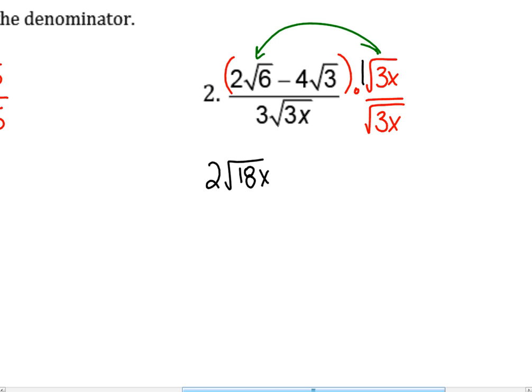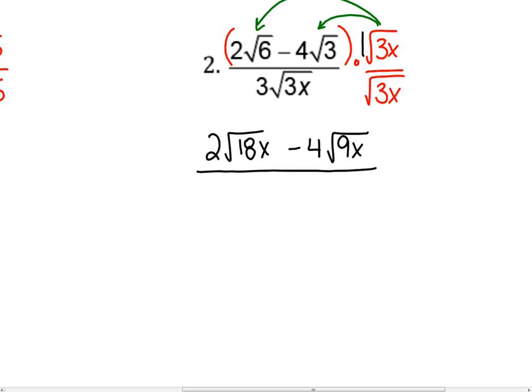And then now the root 3x we need to distribute into 4 root 3. So the 4 times the 1, 4. Well, positive or negative? It's like a negative 4 times 1, right? So minus 4 root 3 times 3x, 9x, which we'll simplify later.